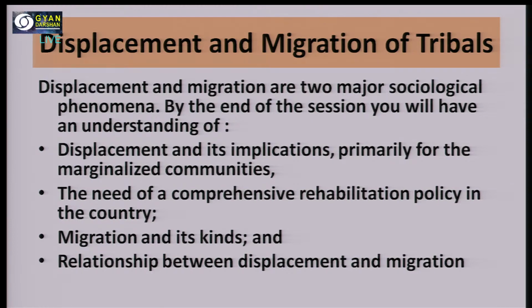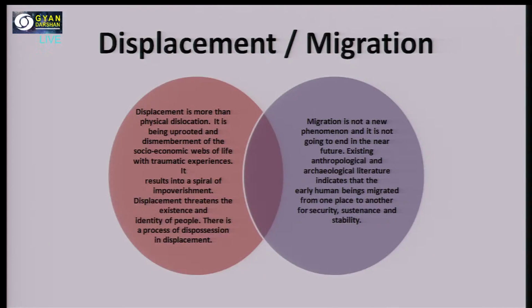Displacement and migration are two major sociological phenomena. By the end of the session, you will have an understanding of displacement and its implication, primarily for the marginalized communities, the need of a comprehensive rehabilitation policy in the country, migration and its kinds, and the relationship between displacement and migration.